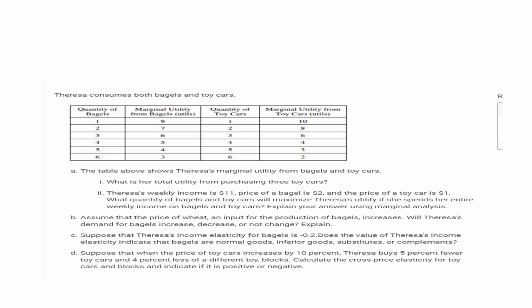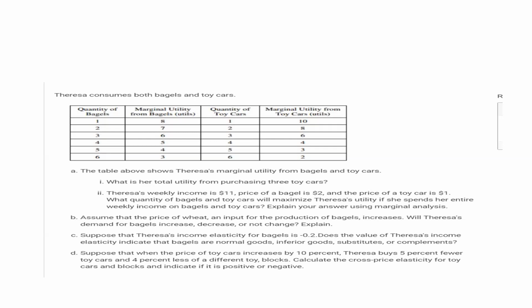So 8 divided by 2 is 4, 7 divided by 2 is 3.5, 6 divided by 2 is 3, 2.5, 2. I'm not doing it for cars only because everything divided by 1 is the same number. But it really should be like 10 divided by 1 is 10 and so forth. Now I want them to equal.